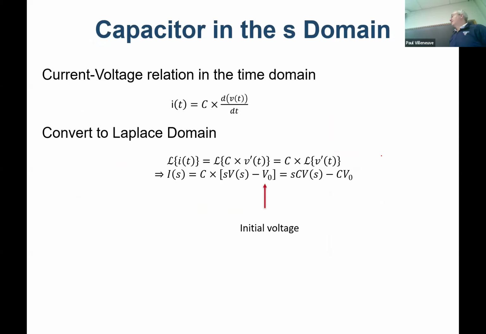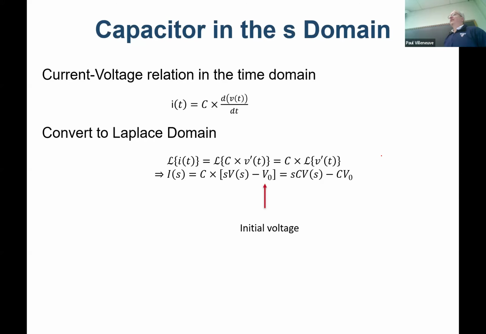All right, let's do current capacitance. So physics gives us the equation I equals C dV/dt. Let's do the exact same thing we've done in the previous two cases for the resistor and the inductor. We take it to the Laplace domain.